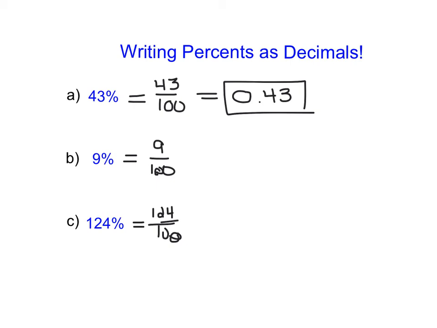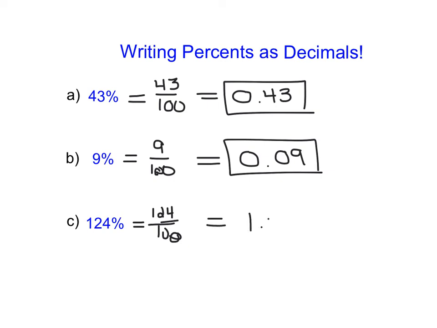Then if you take 9 divided by 100, you end up with 0.09. So that's 9% written as a decimal. Then if you take 124 over 100, you get 1.24, which is 124% written as a decimal. So if you use the fraction forms, converting a percent to a decimal can be very simple.